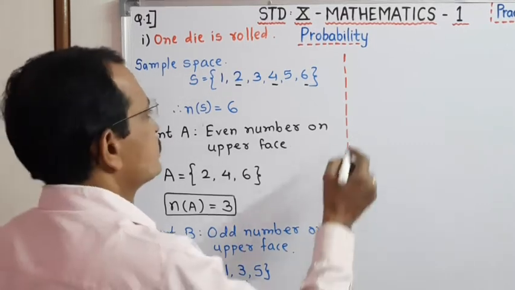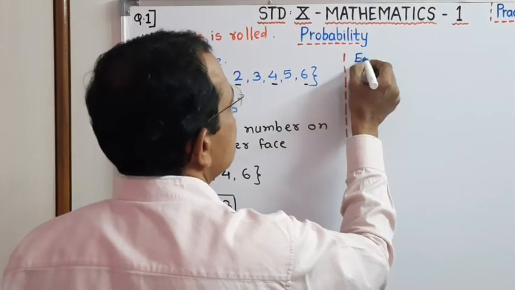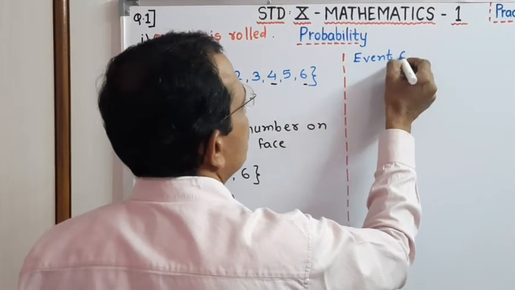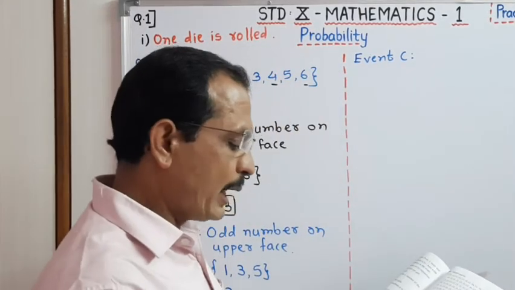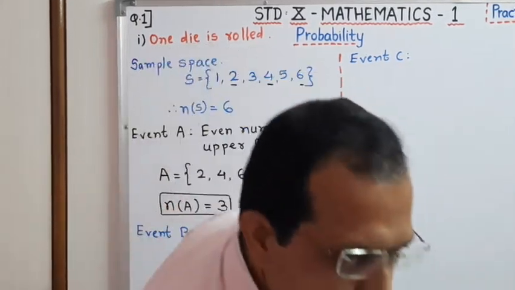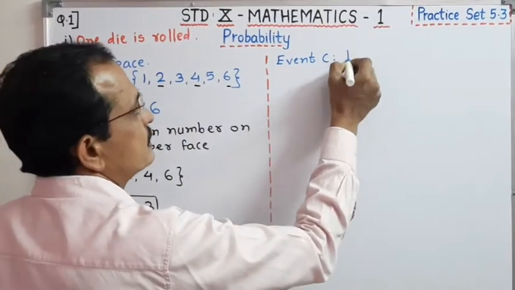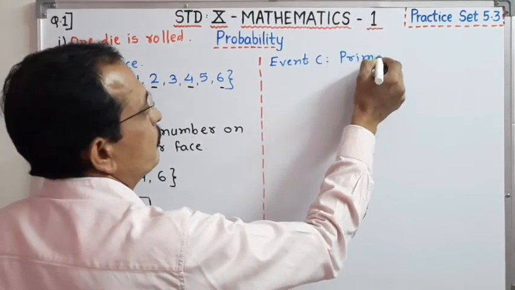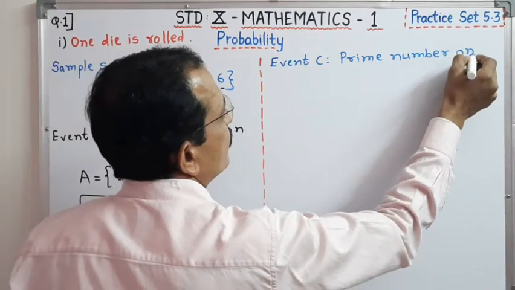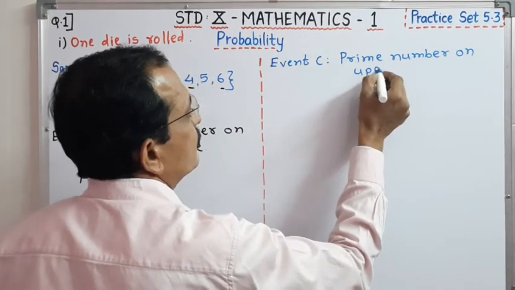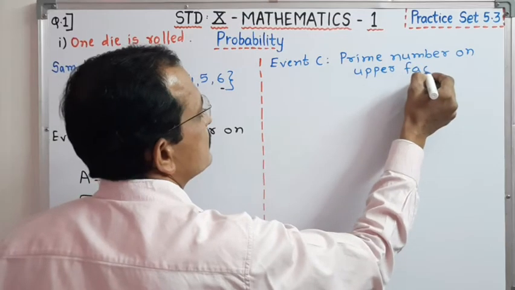Now see dear student, event C is given. Event C, prime number on the upper face.